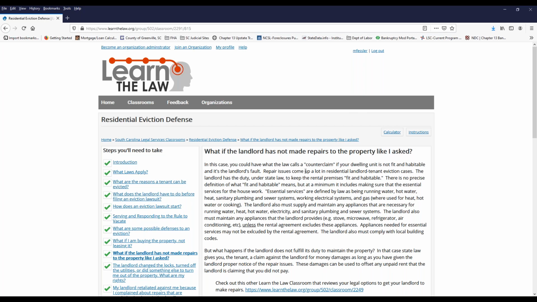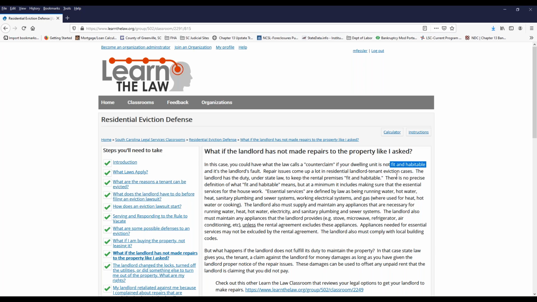So going back to our classroom on getting your landlord to make repairs, that classroom goes into detail about what the landlord's obligations are in terms of keeping the property fit and habitable, and what you must do to get the landlord to make repairs.